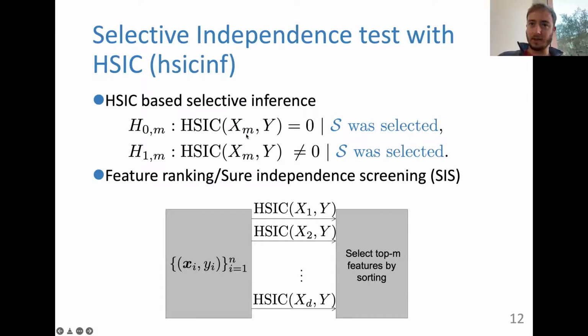So the setting we're considering is that we check whether one feature measures dependence or not. If we check all the features, we need to do the correction.